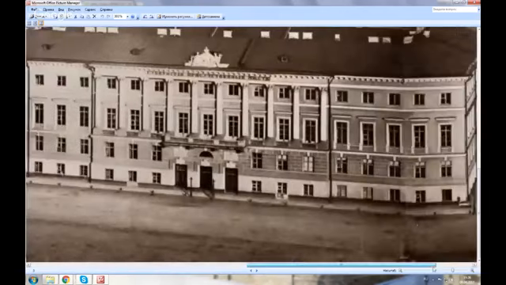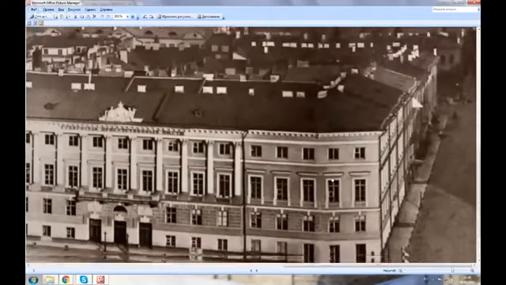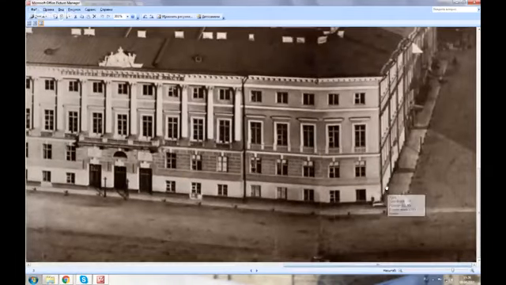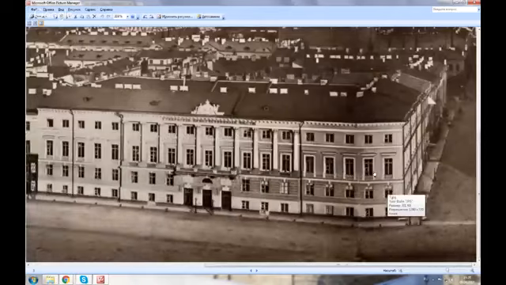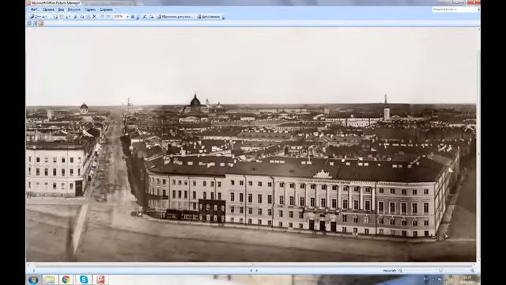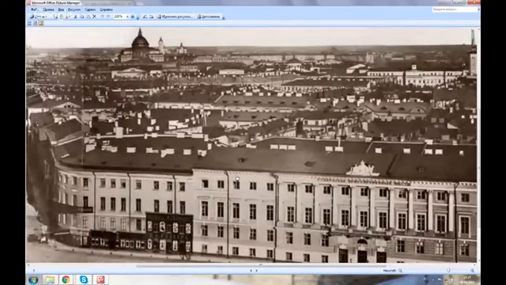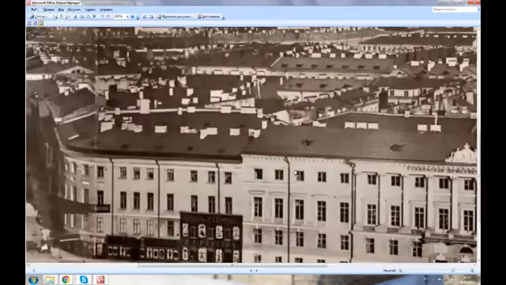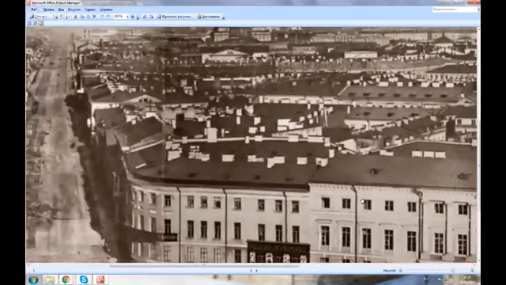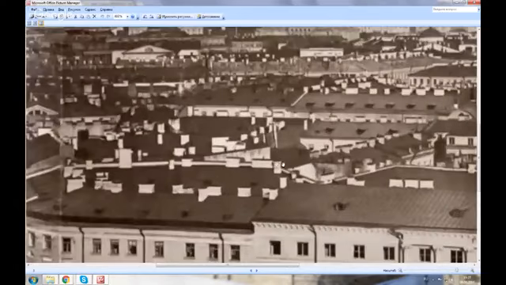what else here? Look at the roofs. All roofs are made of steel, I think it's called. So they're all brand new.